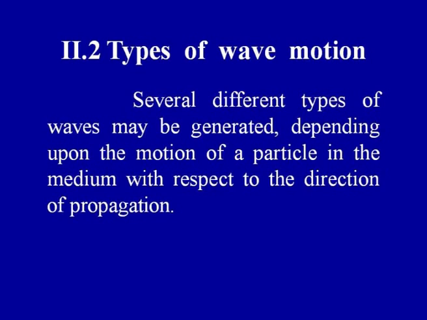Let us now consider types of wave motion. Several different types of waves may be generated depending upon the motion of a particle in the medium with respect to the direction of propagation. Transverse waves.